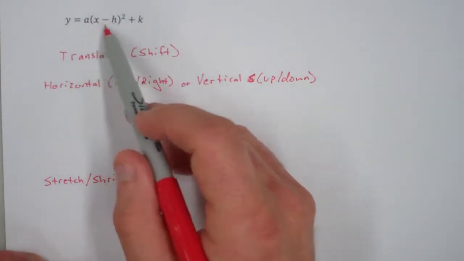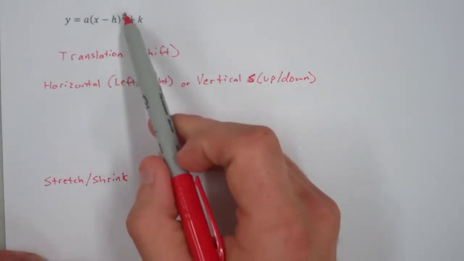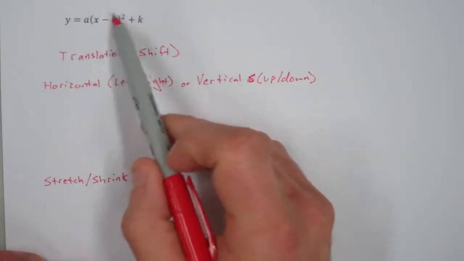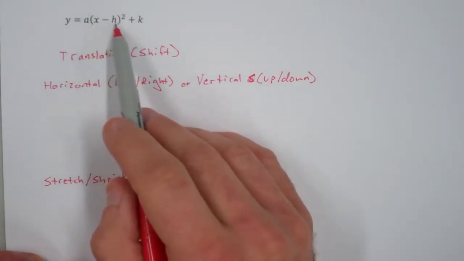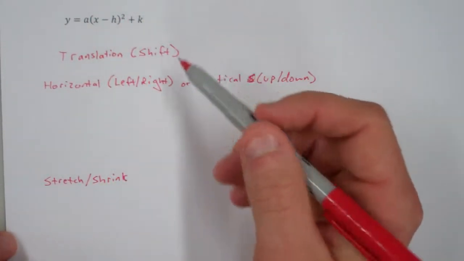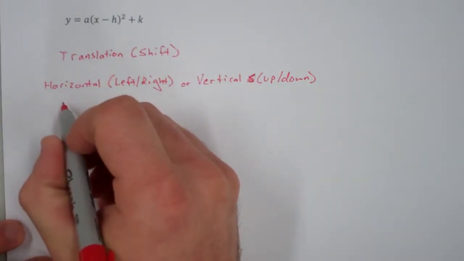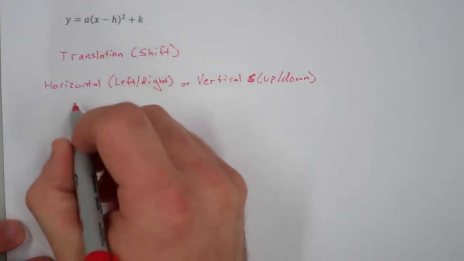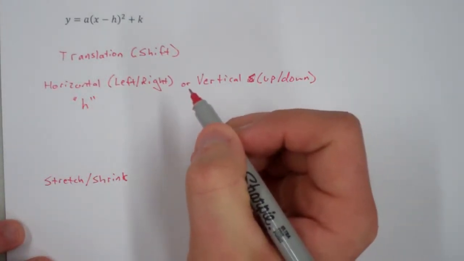We want to look inside where the operator is doing the heavy lifting. So the 2 is being applied to this inside part. When that value is right by the x, like this h is, then the shift will be in that direction. So the horizontal shift is just h.